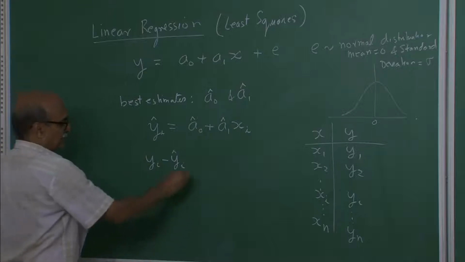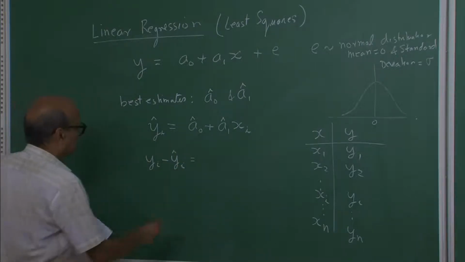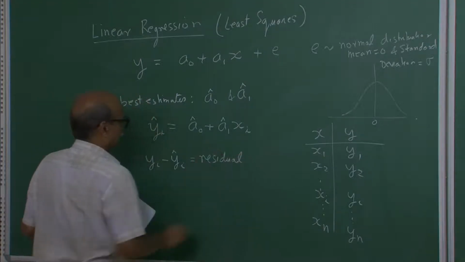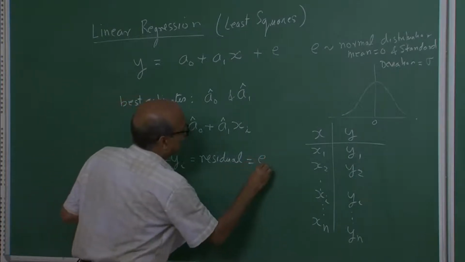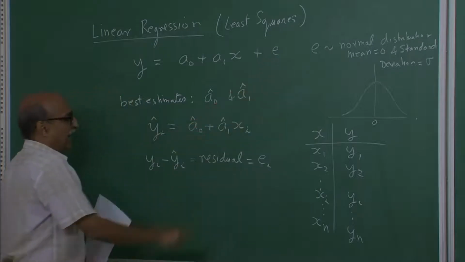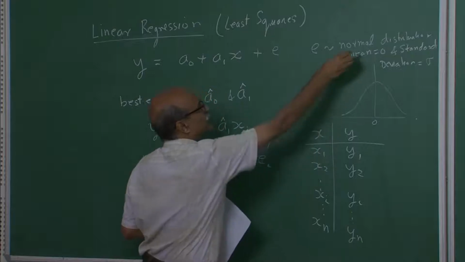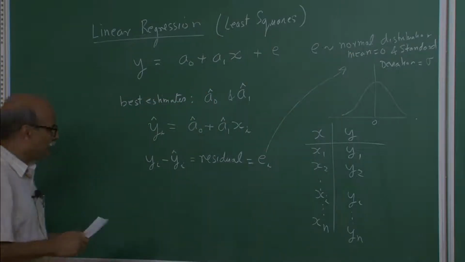This difference is called the residual, and I will denote it as ei, which is actually related to the error epsilon that I was discussing, and this ei as well would follow a distribution with mean equal to 0 and standard deviation equal to sigma.